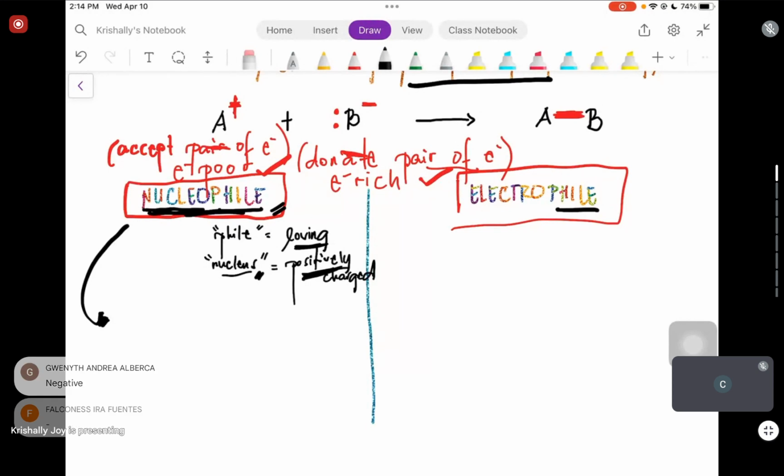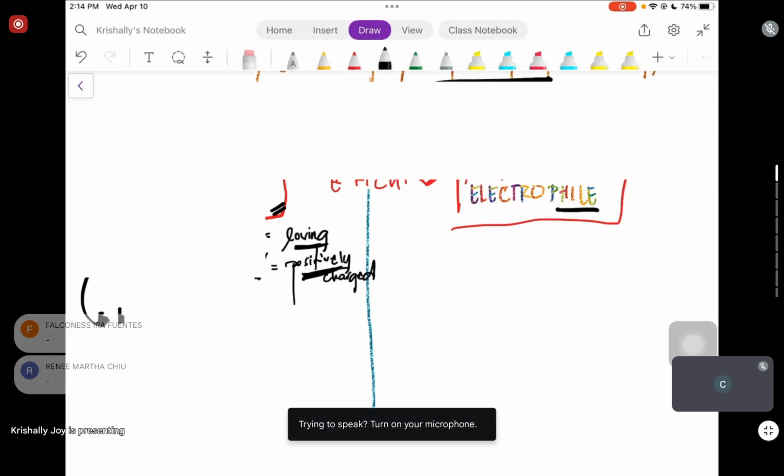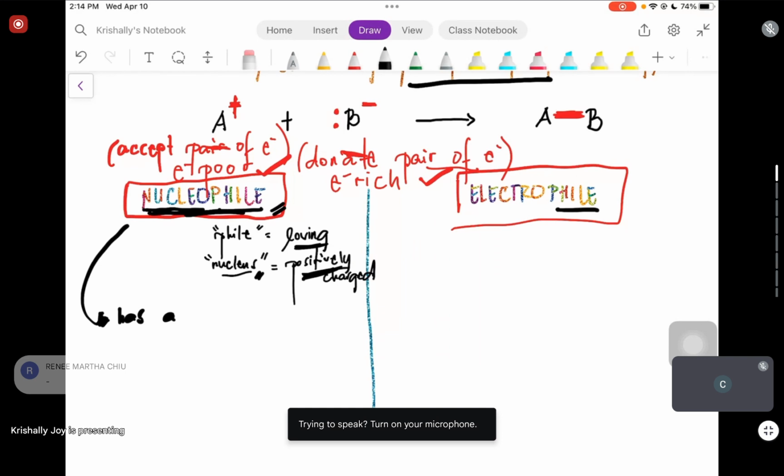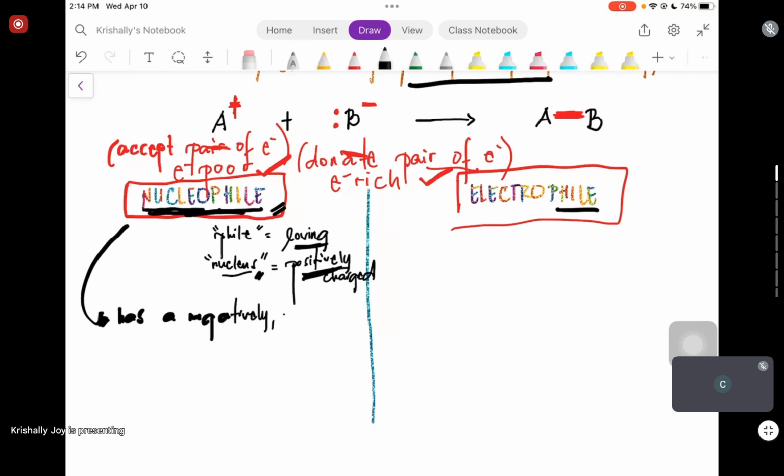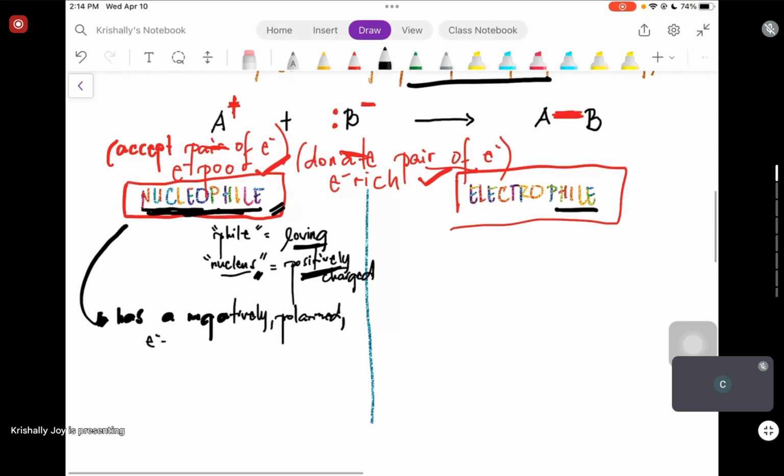Why? Nucleophile means positive loving, because it itself has a negatively polarized, electron-rich center. So it is the electron-rich atom in the polar reaction. When we say electron, it's a negatively charged particle of an atom.